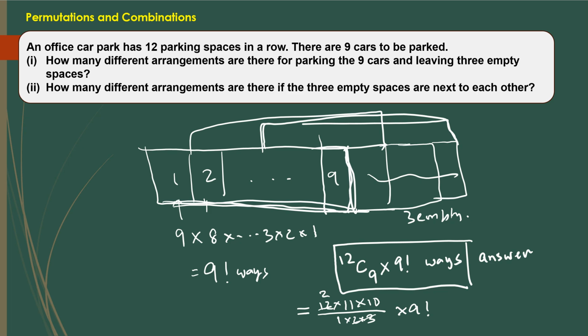So if I use my calculator, factorial 9 is a big number. That is 362,880 times 220.